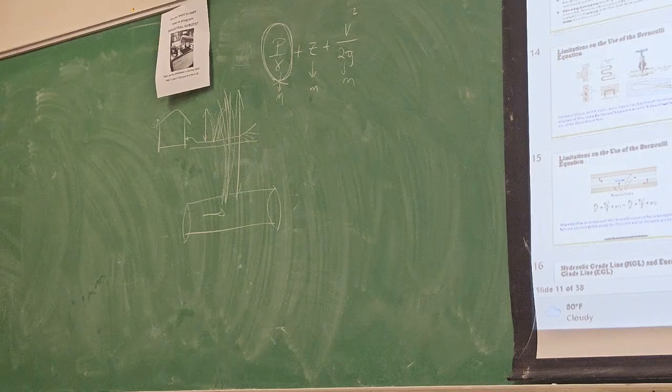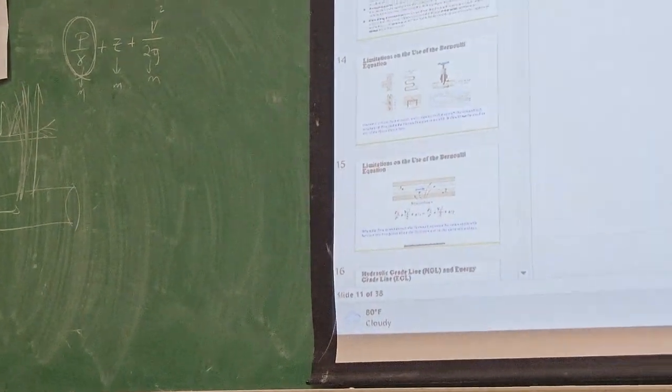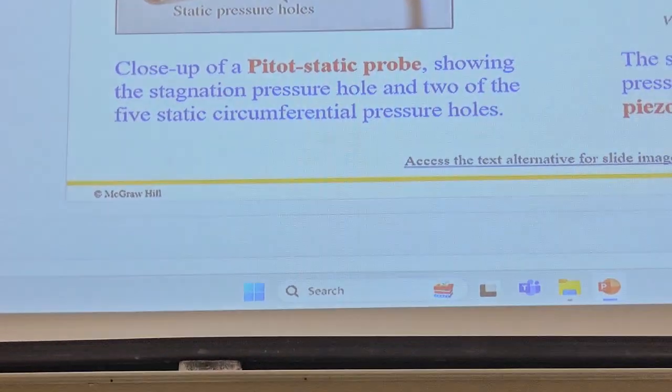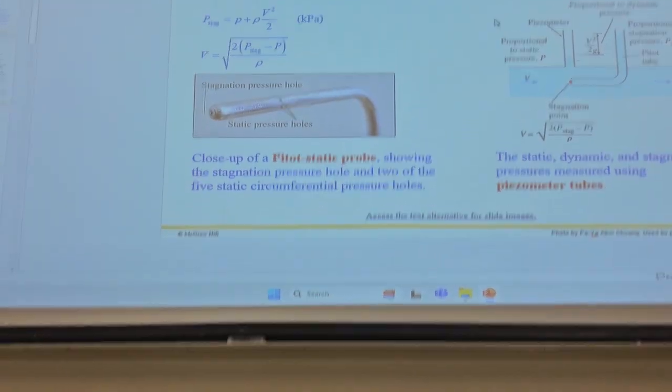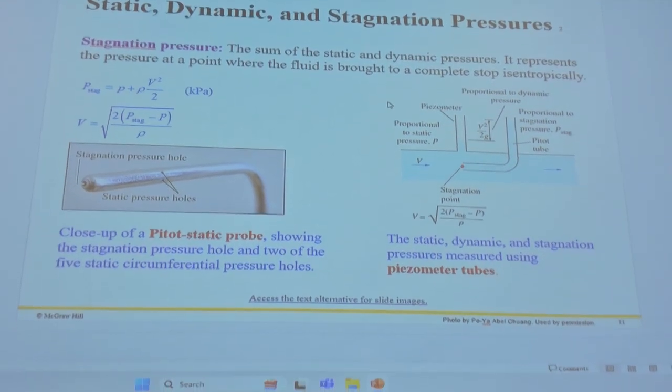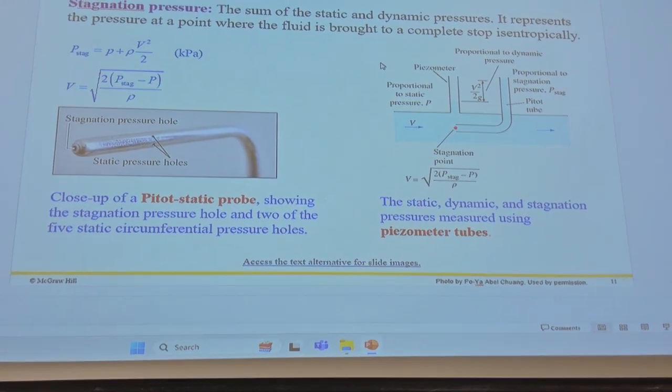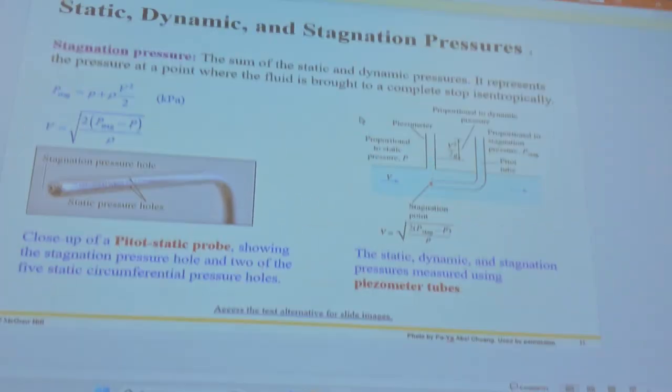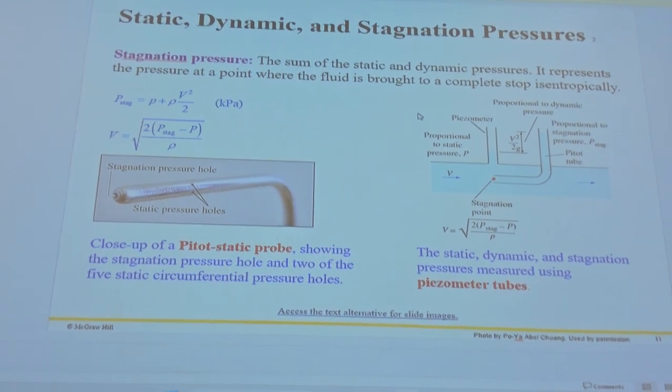If I have a measuring tape and measure that height the water shoots, that length represents the pressure head at that specific location in the pipe. Does it make sense? So again, with the Bernoulli equation, you always go from location 1 to location 2.